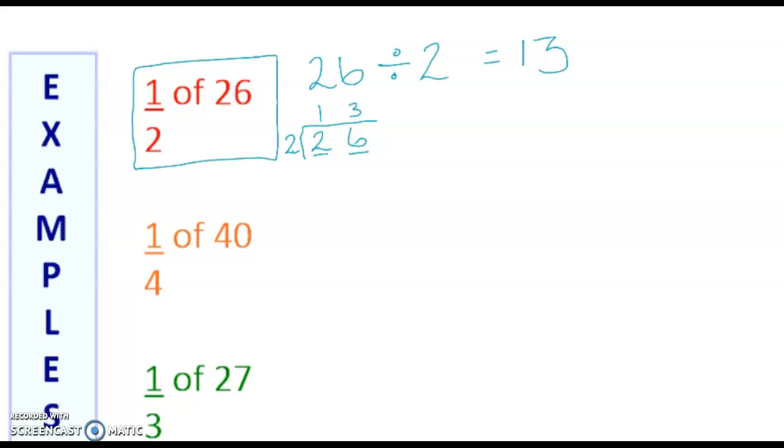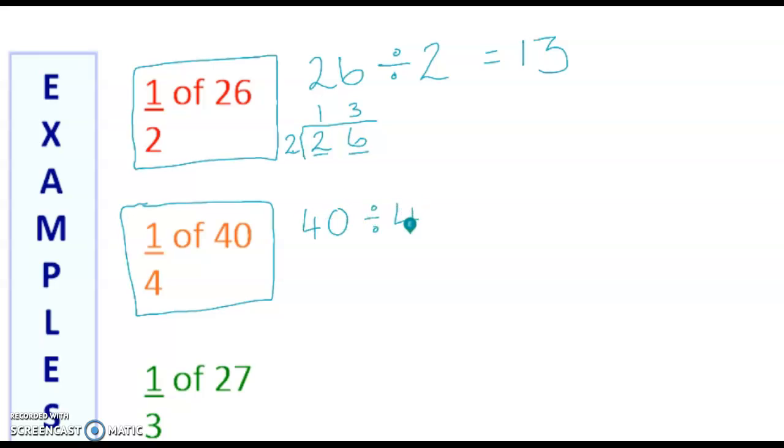My next example is 1/4 of 40. And 1/4 is still quite a nice fraction to work out. What it really means is 40 divided by 4.